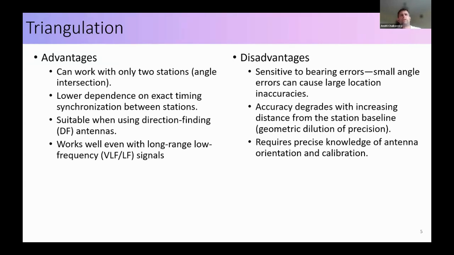Small angle errors can cause large location inaccuracies, and accuracy finally degrades with increasing distance from the station baseline, the so-called geometric dilution of precision. And the main disadvantage is that such an approach requires precise knowledge of antenna orientation and calibration.